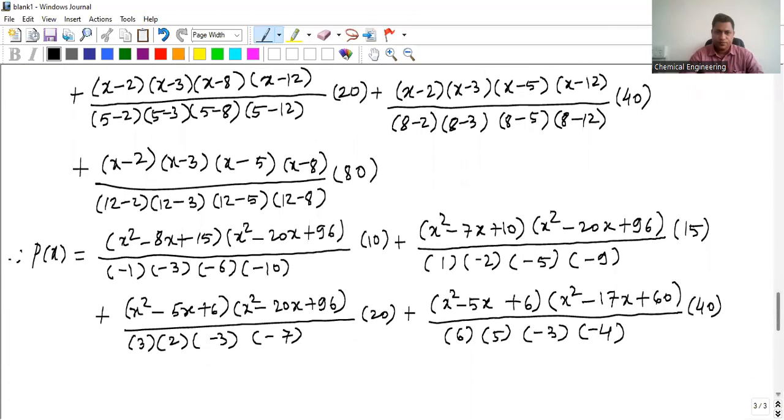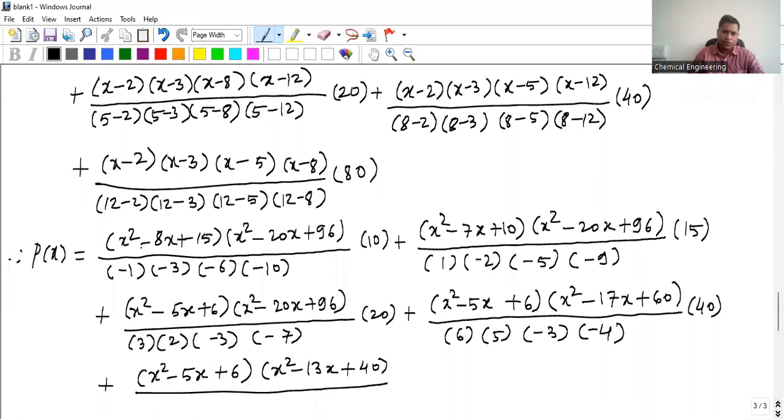Are you getting this term? Is that okay? Yes, sir. Now, x square minus 5x plus 6, x square minus 13x plus 40. And here it would be minus 3 in the denominator of the previous term. It should be just 3, no? This is going to be 6. Yes, sir.